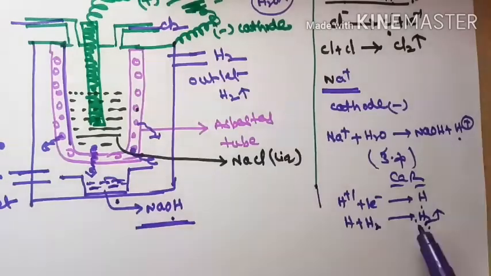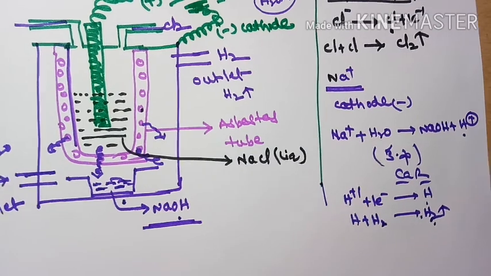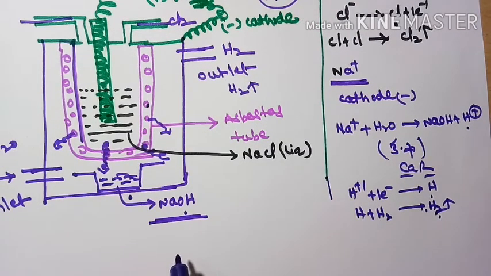So this is the preparation of sodium hydroxide by Nelson's method. Here we prepare hydrogen gas, chlorine gas, and sodium hydroxide.